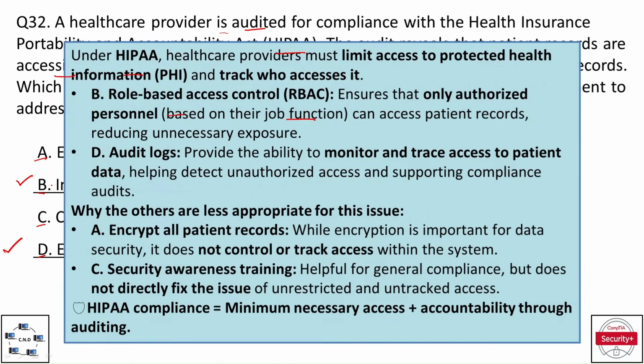And the explanation is, under HIPAA, a healthcare provider must limit access to protected health information, that is PHI, and track who accesses it. So option B, role-based access control or RBAC, ensures that only authorized personnel based on their job function can access patient records, reducing unnecessary exposure.